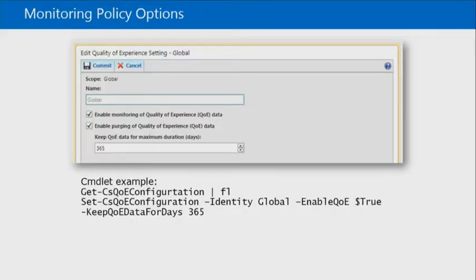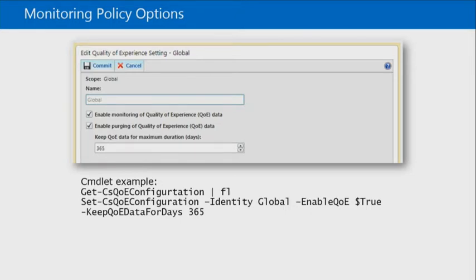The monitoring policy, when we look at that, again, we spoke shortly of the archive, and when we look at the monitoring, it's very similar in concept, where we have the option of, do we enable it, do we not enable it? What scope and what level are we going to put this at? Is it going to be at a global scope or a site scope? And then when we look at, are we purging the information?